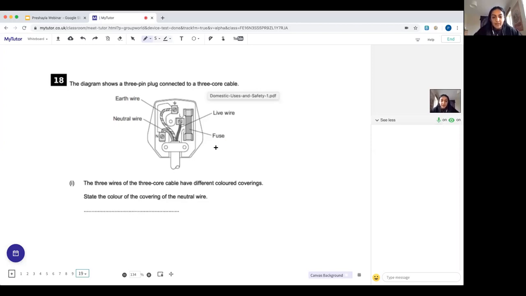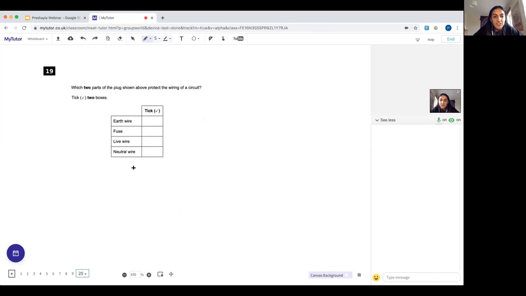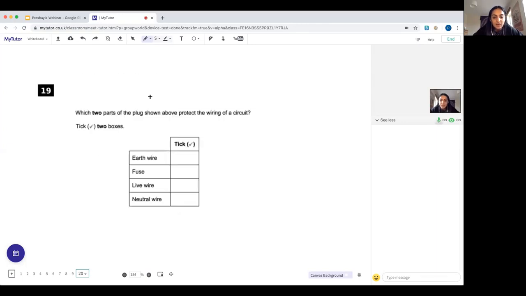Okay, cool. So next question, which 2 parts of the plug in the previous diagram protect the wiring of a circuit? So what 2 parts?